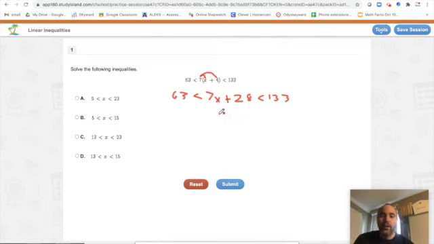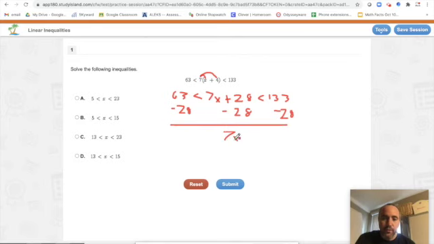And then we're looking at isolating the x. So now we would get rid of the 28. Since it's plus 28, we are going to subtract 28 from both sides. So in the middle, that leaves us with 7x. Over here, we've got 105.